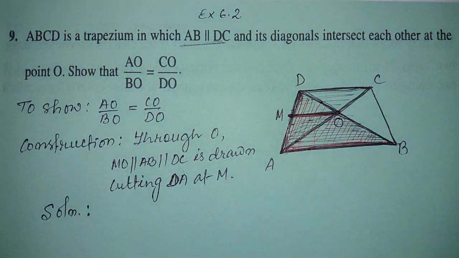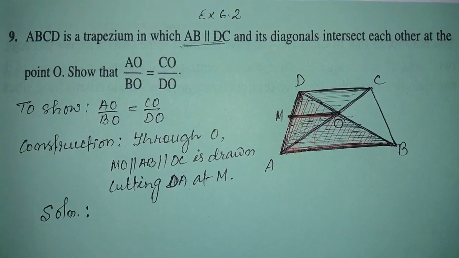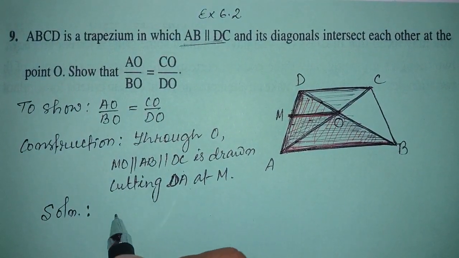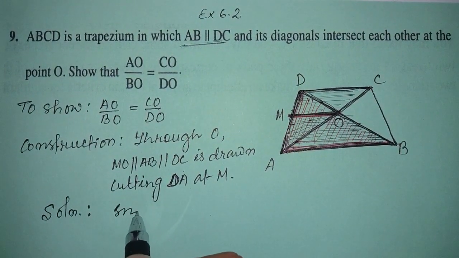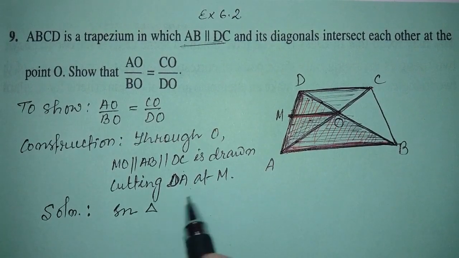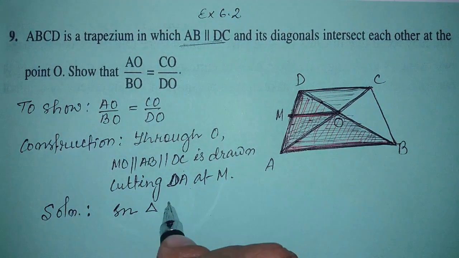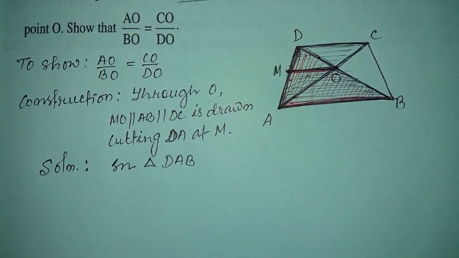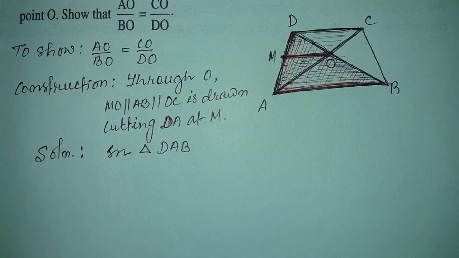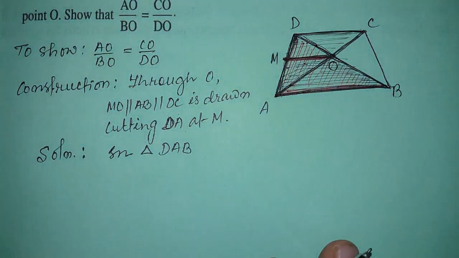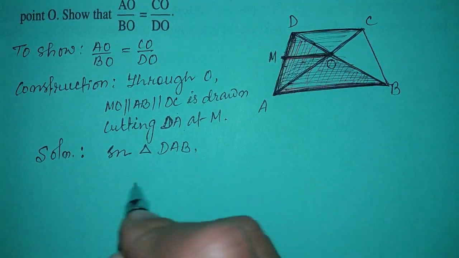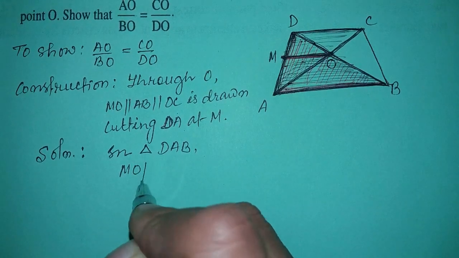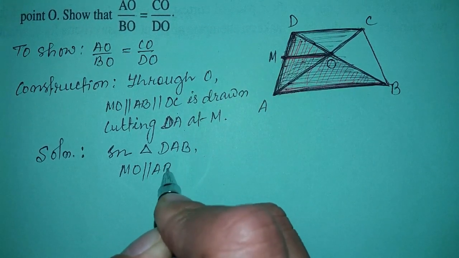which is given by the construction. So in triangle DAB, MO is parallel to AB.